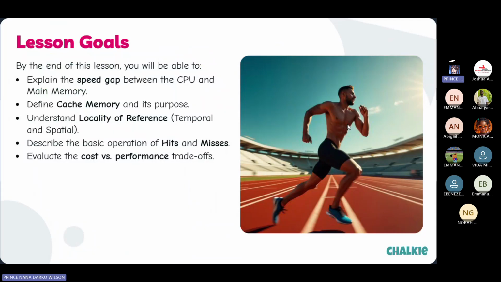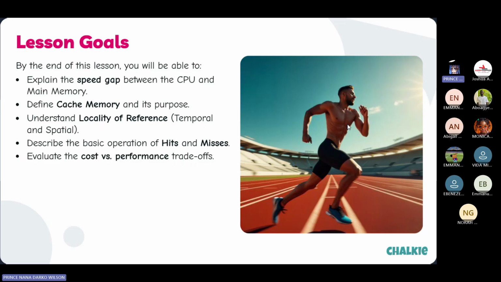I prepared this slide so that you will be able to explain the things in even deeper detail, using analogies. I know it really helps when we use analogies to explain. You should be able to define cache memory and its purpose, understand the locality of reference, whether we are dealing with temporal or spatial locality, describe the basic operation of hits and misses, and evaluate the cost versus performance trade-off.